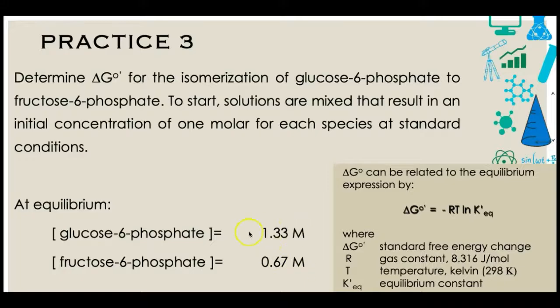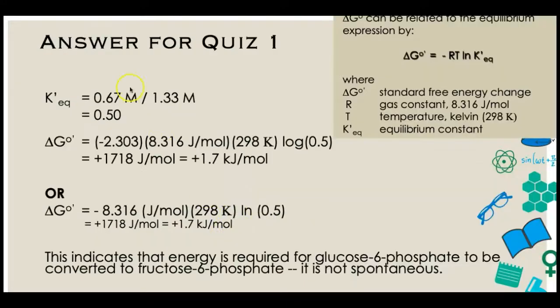The product is divided by the initial reactant, and we obtain 0.5. And finally, the answer will be positive 1718 joule per mole, or we convert it into the standard unit, kilojoule per mole.